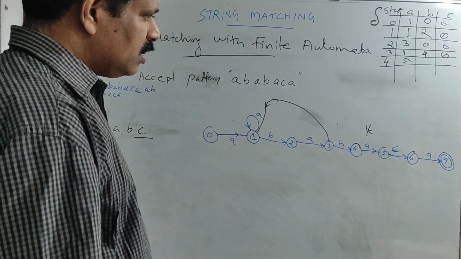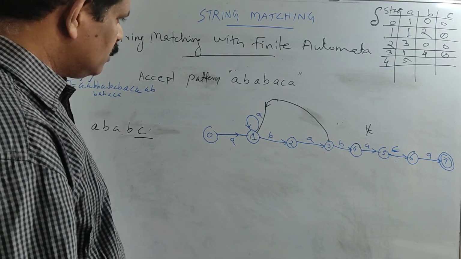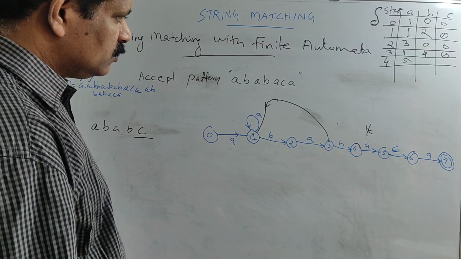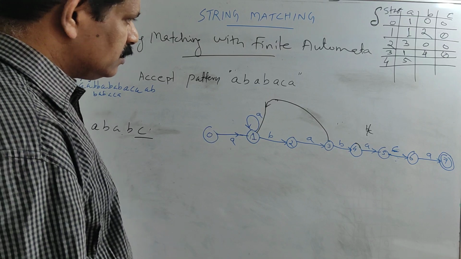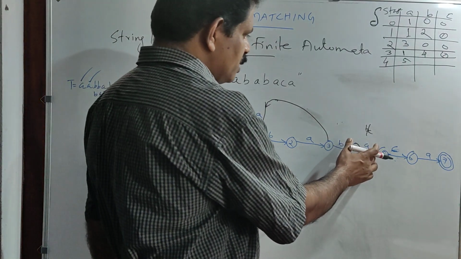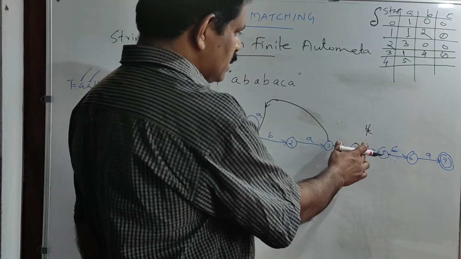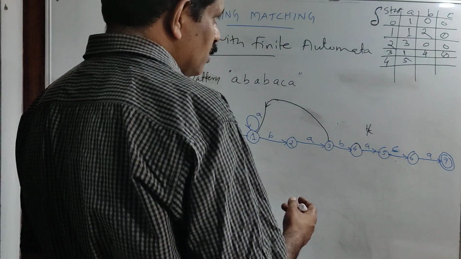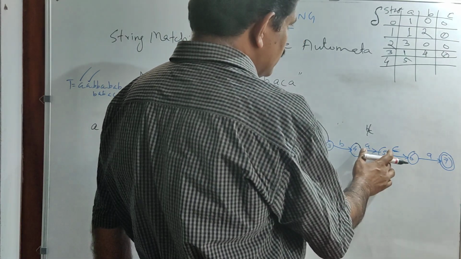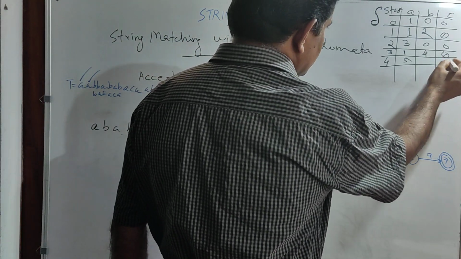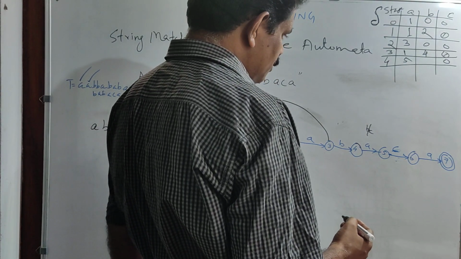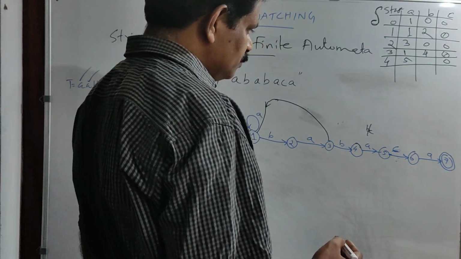So on getting a C at this point, it has to come back. On getting an A, it can go to stage 5. On C, it should come back. Then what about B?